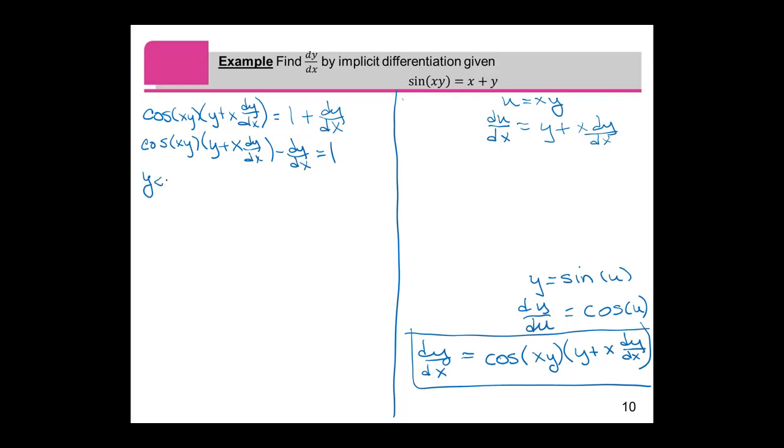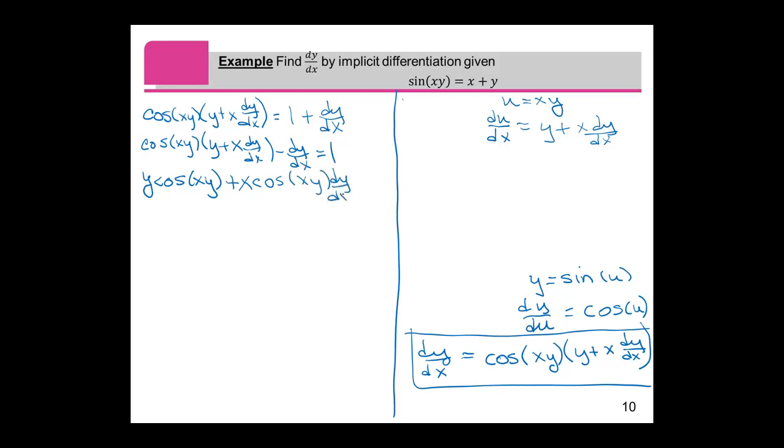It's not wrong to put it at the end, but it'll be confusing if I put it after that parenthesis. It's better to put it in the front. Plus cosine xy, and I'm going to put the x up front again.